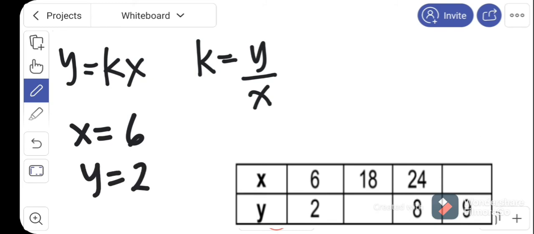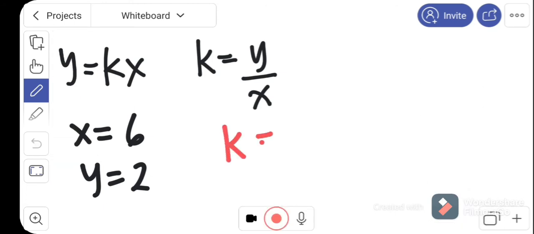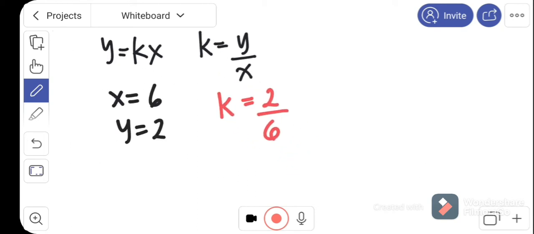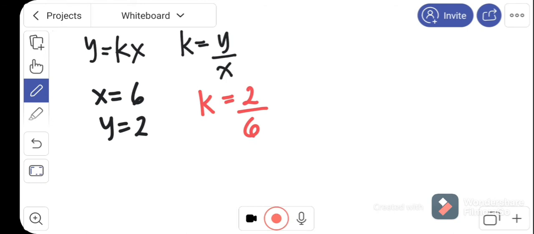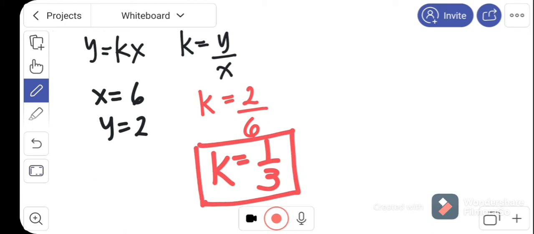And then we substitute this in our equation. K is equal to 2 over 6. Let's change this into its lowest term. 2 over 6 is equal to 1/3. This is now the value of our k.